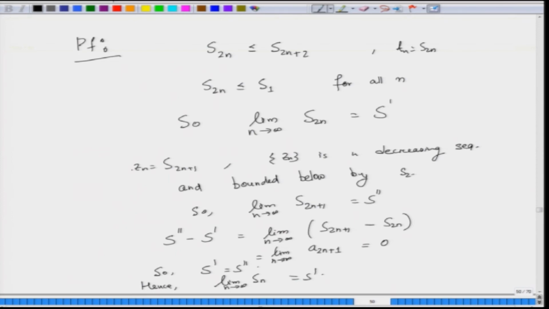Okay. So, there is another very interesting test, for which I will not give you the proof, but which is very useful for certain kinds of series. It is called the Cauchy condensation test.